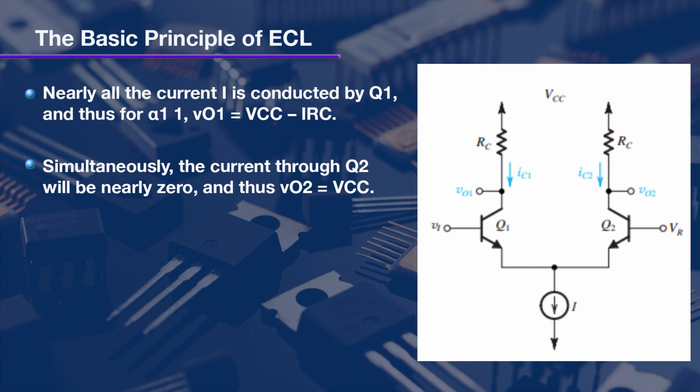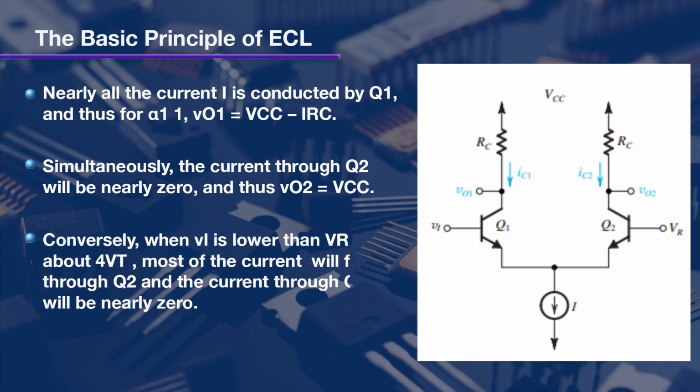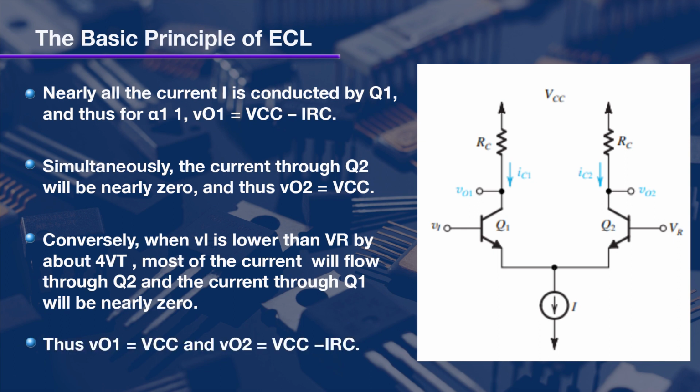Similarly, the current through Q2 will be nearly 0, and thus V02 equals VCC. Conversely, when Vi is lower than VR by about 4 Vt, most of the current will flow through Q2 and the current through Q1 will be nearly 0. Thus, V01 equals VCC and V02 equals VCC minus IRC.